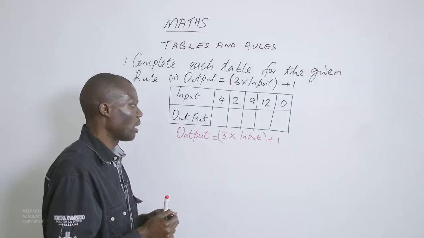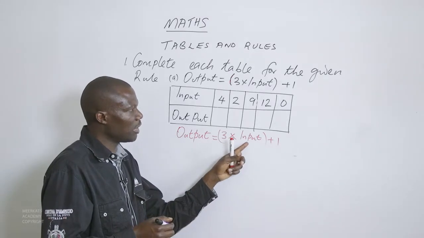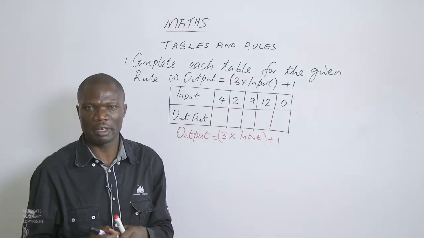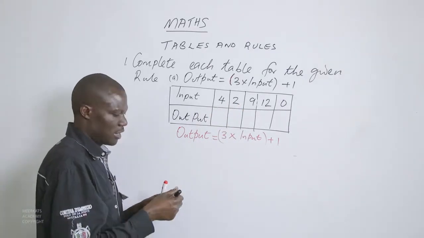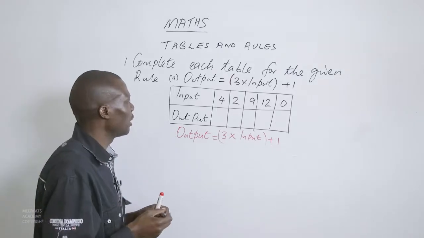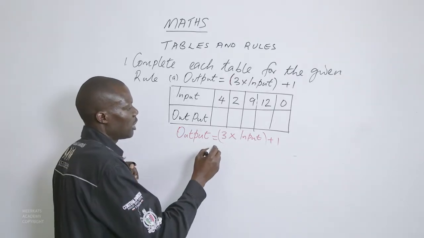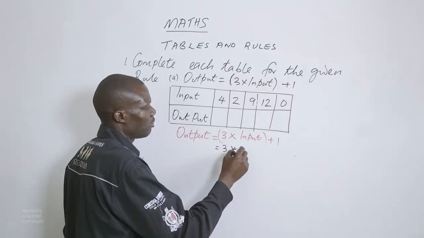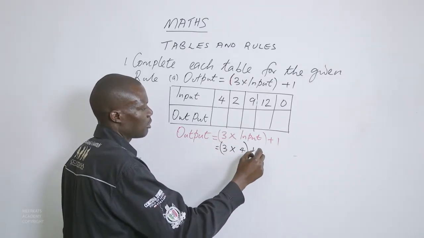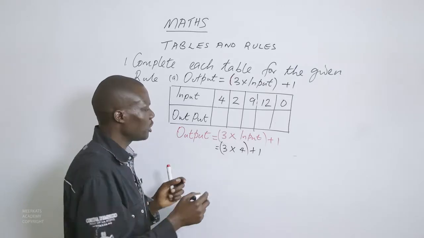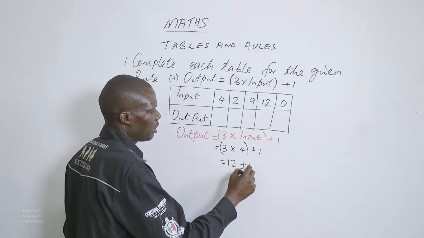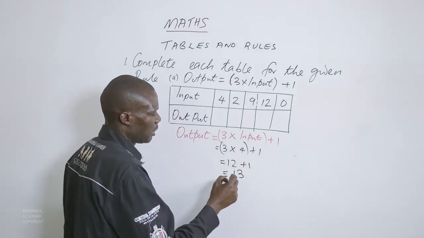By substituting the input by 4, 2, 9, 12, and 0, when the input is 4, we shall have 3 multiplied by 4, close the bracket, plus 1. 4 times 3 is 12, plus 1 gives us 13.